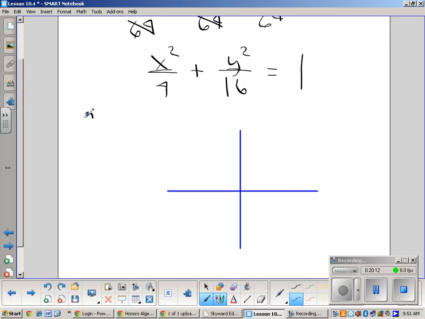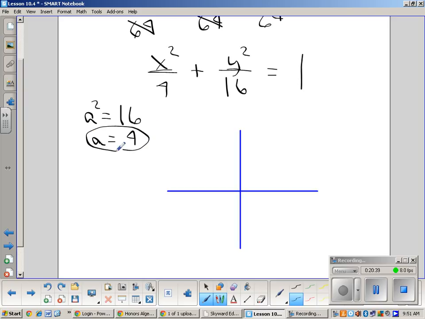What is A? Let's do this. What's A squared? 16. And so what's A? 4. And we said that A squared is under which variable? The y, so the major axis is going to be up and down 4 units from the center.